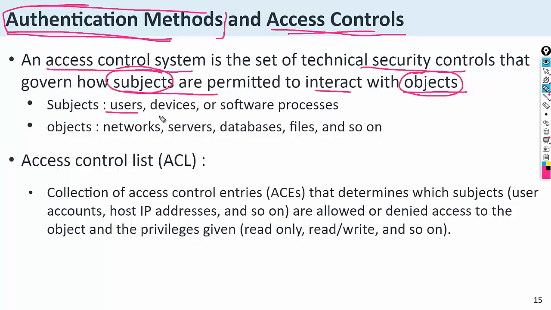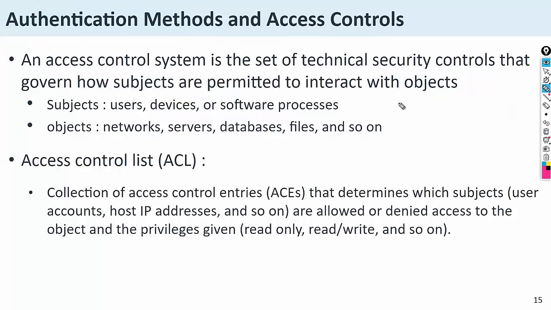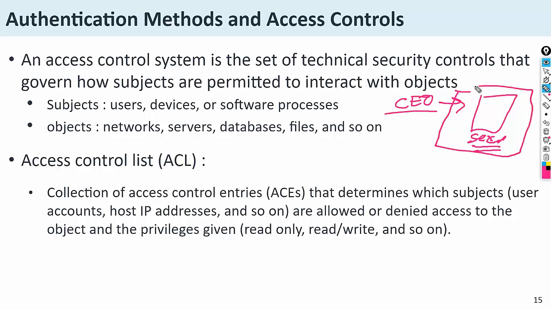So what is the subject? A subject is a user, device, software, or process. These are the subjects. Of course, a user is a subject, and the objects are the network, servers, databases, files and so on. For example, there is a CEO of the organization. He has created a secret file, and this secret file is only accessible, viewed or modified by the CEO.